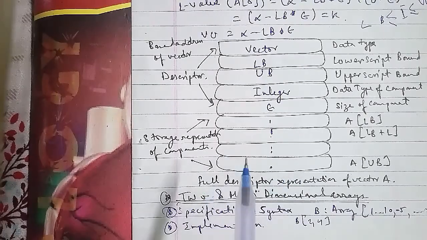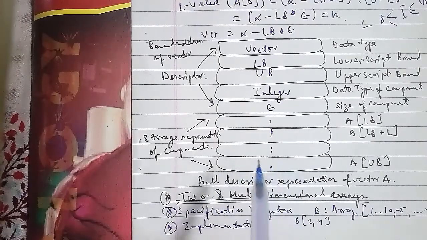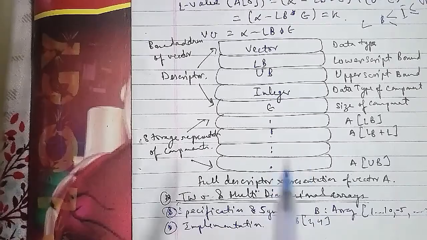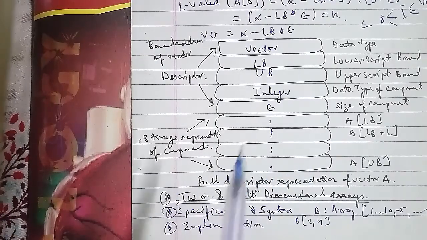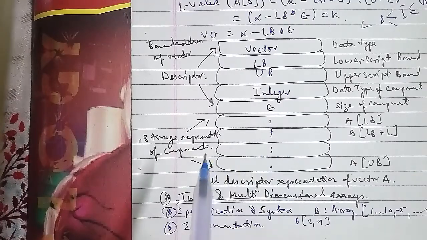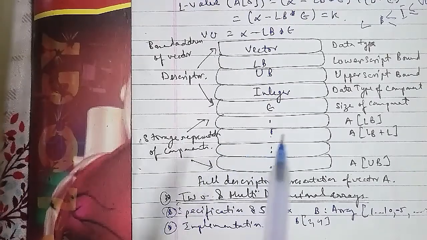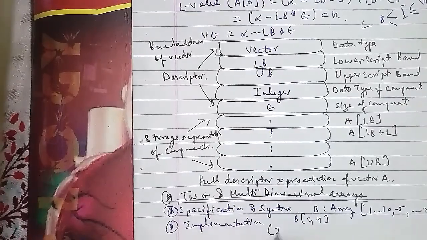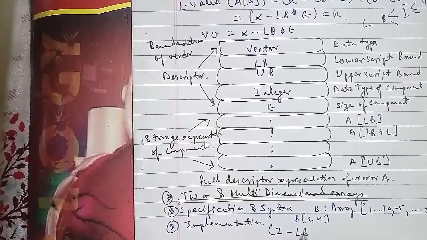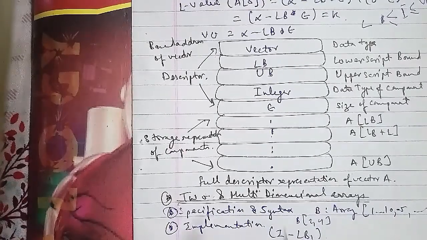In terms of representation of the two-dimensional array, to determine the number of rows to skip over, that is your I minus LB1, multiply that with the length of the rows to get the location of the start of the ith row, and then find the location of the jth component in that row as for a vector.